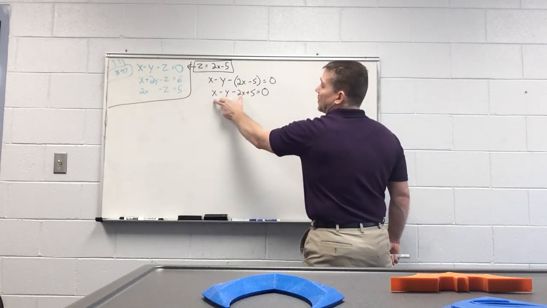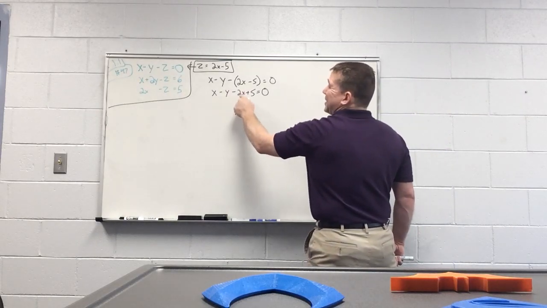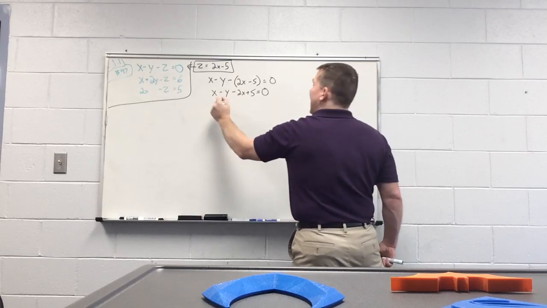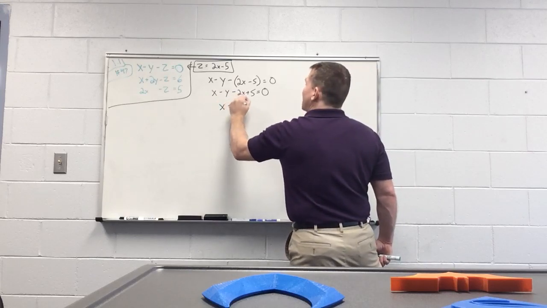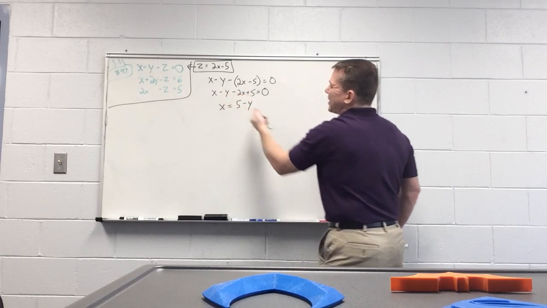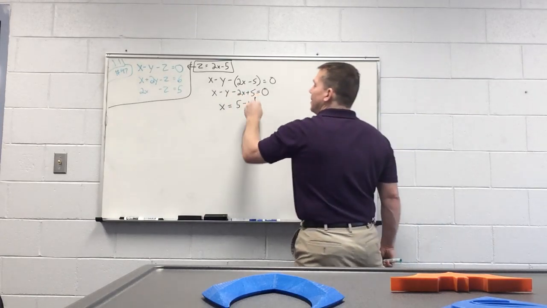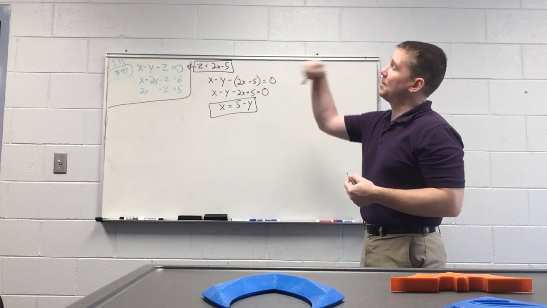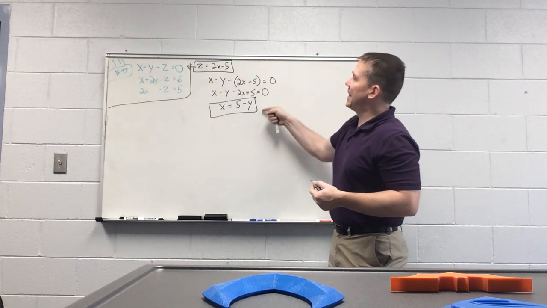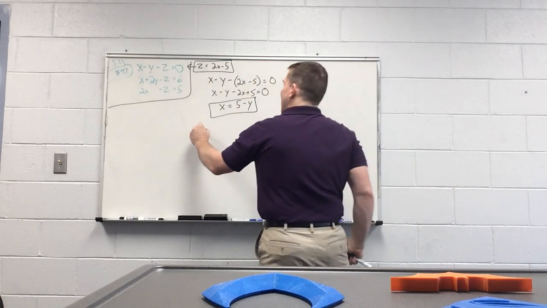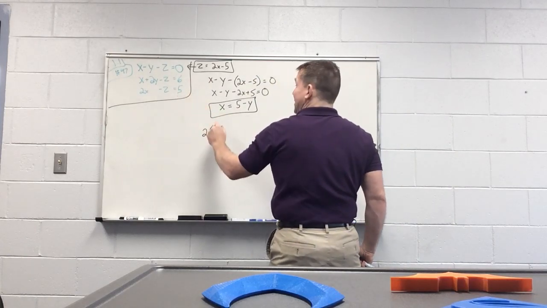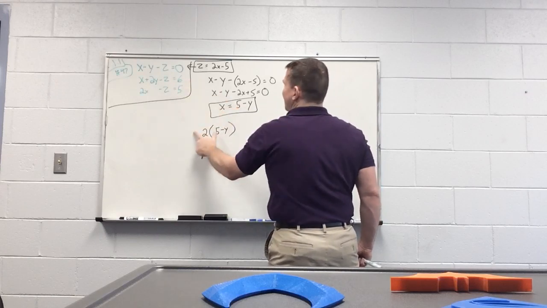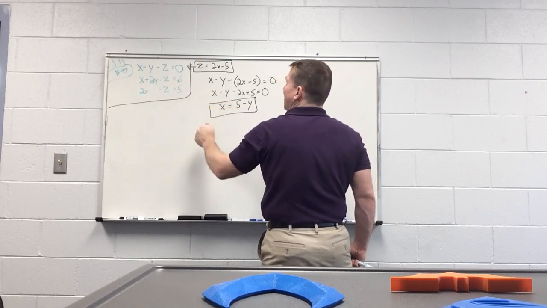Here I'll solve this one for x. So x minus 2x is negative x. Add that to the other side, and I get x equals 5 minus y, just because I don't like having a leading negative there. But now I have this for x. Now plug it into the second equation.